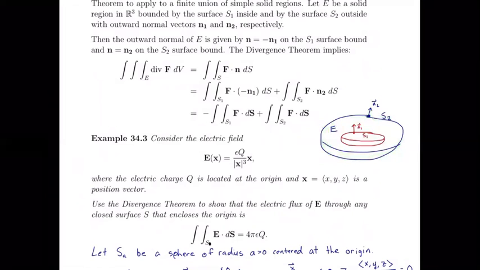Now the issue is the outward pointing normal for this surface is exactly what we want for E. It is an outward pointing normal for the solid E. However, for this surface S1 that makes up the inner boundary, its outward pointing normal points into the material or into the solid. That's opposite from what we actually want. From how we defined it, we want it to point away from the solid, so we have to take it as negative n1.